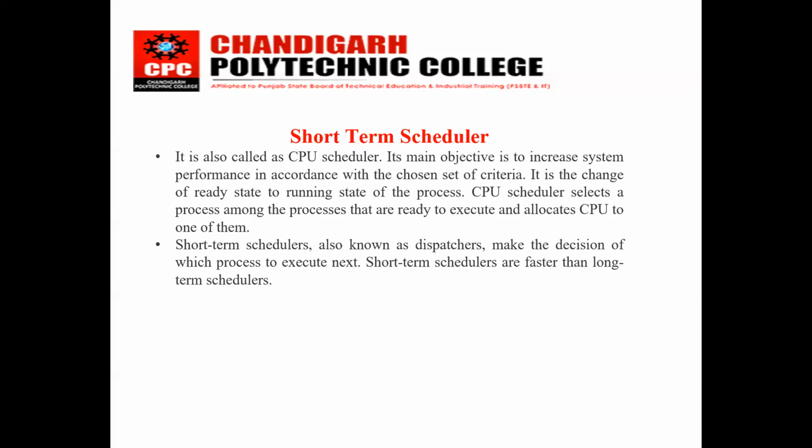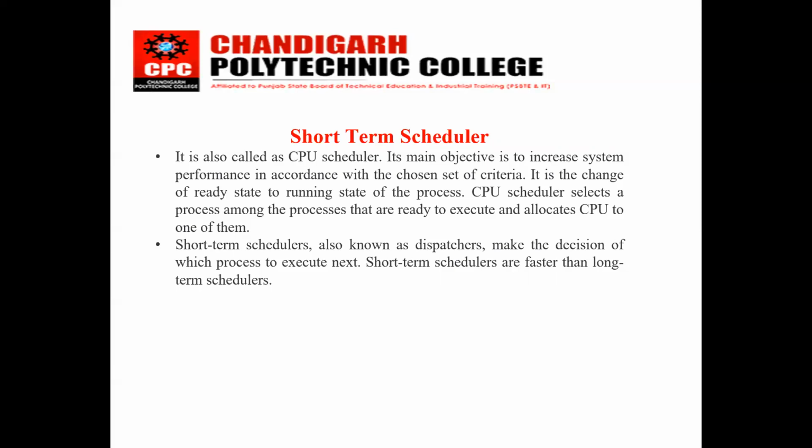It is the change of ready state to running state of the process, and the CPU scheduler selects a process among the processes that are ready to execute and allocates the CPU to one of them. It allocates the processes among the pool of ready processes. So the objective of the short-term scheduler is to maximize the system performance as per the predetermined criteria.